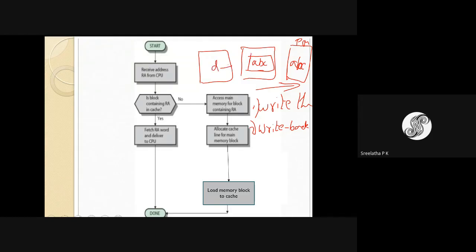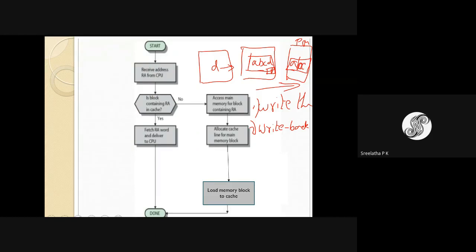The processor wants to write D, so it writes D, but it is not updated in primary memory. What happens? A particular bit called the dirty bit, or modify bit, is set to 1. In this block, a bit position is reserved, called the modify bit or the dirty bit, and that bit is set to 1. What 1 means: the data in that particular block is modified and it is not the same in primary memory. In primary memory, this D is not copied.